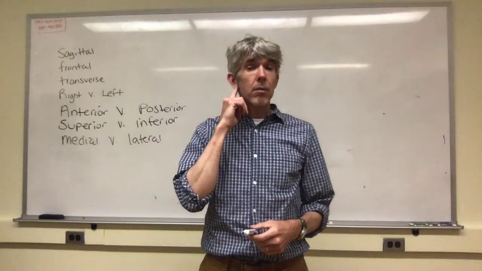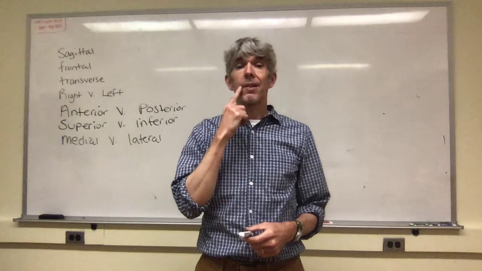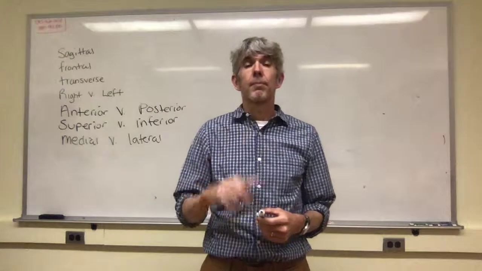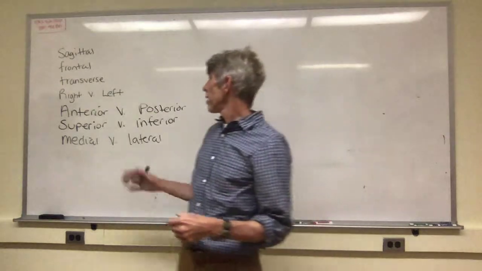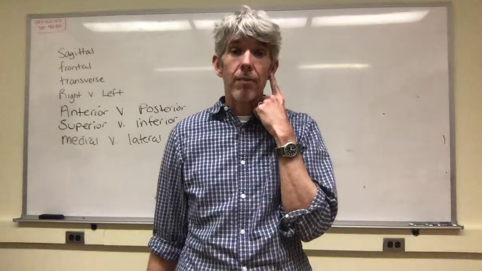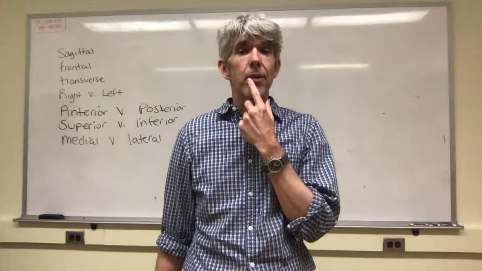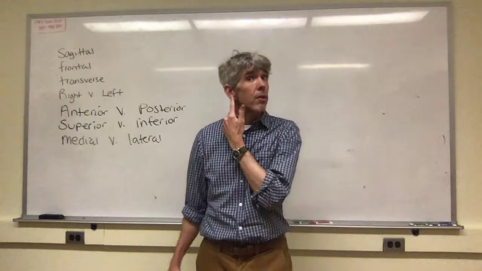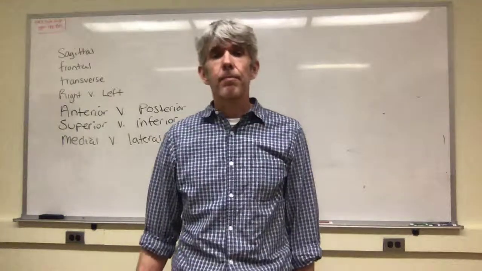My ear is lateral to the side of my lip, right? Medial, the side of my lip is medial to my ear. That's weird. The side of my lip is medial to my ear. Okay.